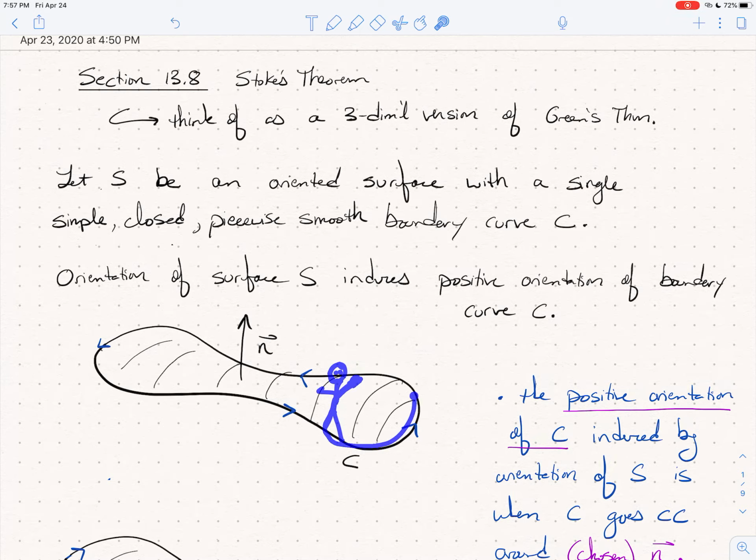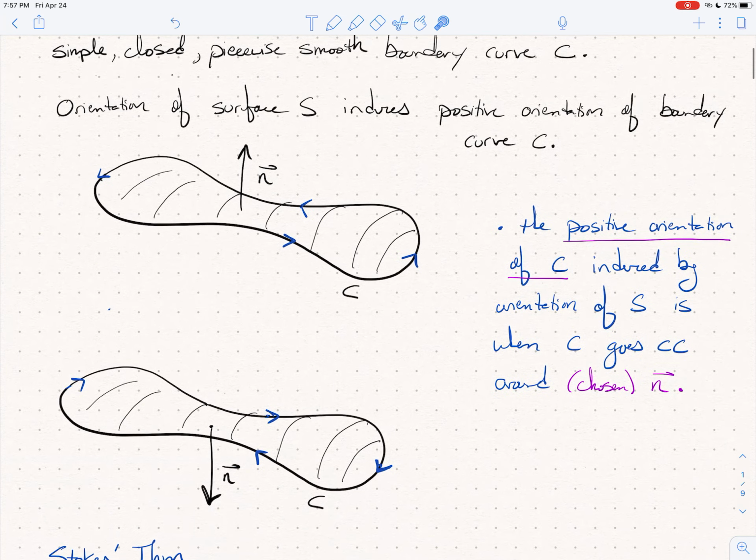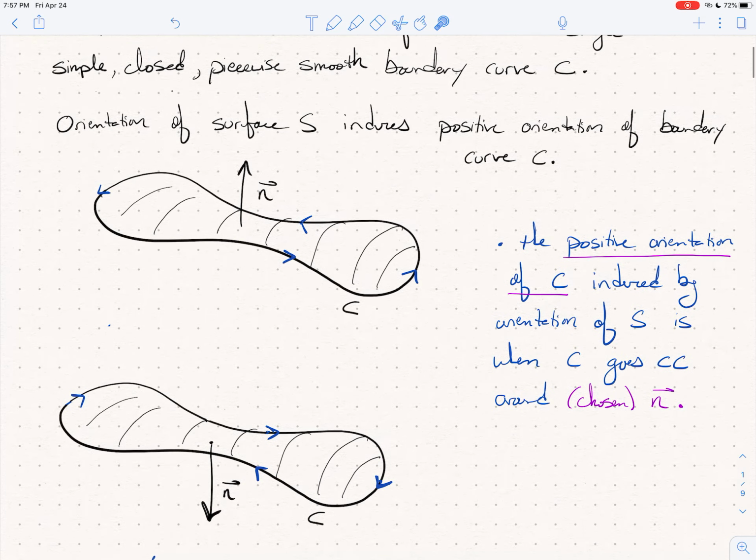So you keep the surface on your left the whole time around the curve. However you want to think about it. And then I just wanted to show you, if we flip the normal vector, same surface here and here, I'm going to look at the other orientation. Well, when you orient your surface this way, now you've got to reverse the direction of C to have positive orientation. So that's the idea.